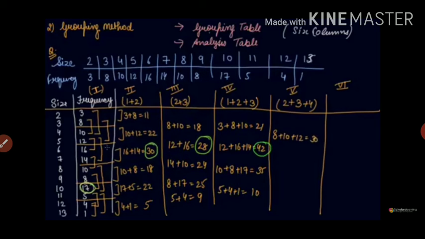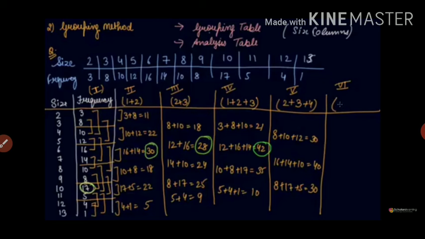Then we add 16 plus 14 plus 10, which is equal to 40. And then we add 8 plus 17 plus 5, which is equal to 30. Then we are left with only 2 frequencies, but in the fifth column we are adding 3 frequencies, so we leave the last 2 frequencies.